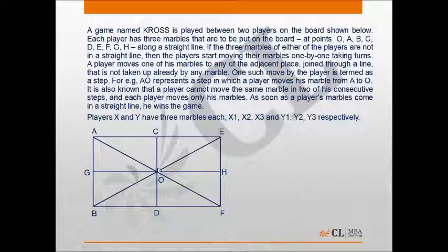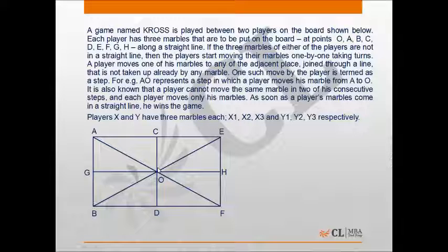When a player moves his or her marble from a place to another place, it is considered as a move or step. For example, AO represents a step in which a player moves his marble from A to O. It is also known that a player cannot move the marble that he has moved in the previous step, that is, the same marble in two of his consecutive steps, and each player moves only his marbles.